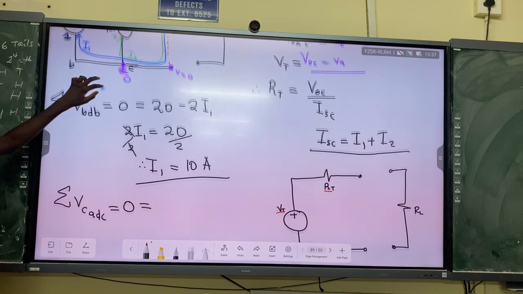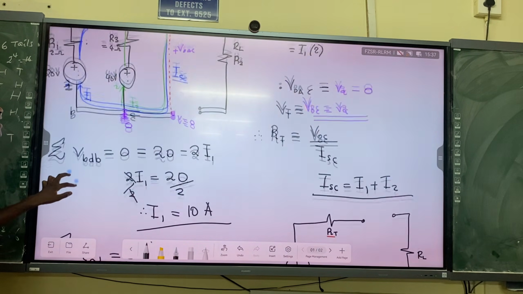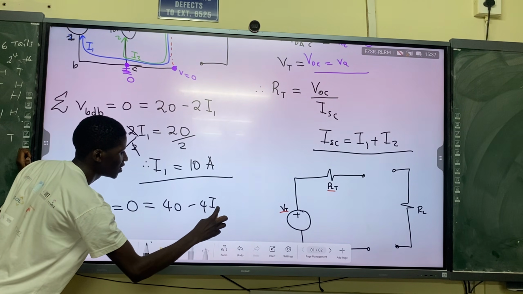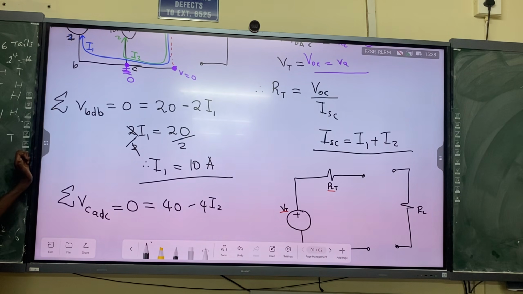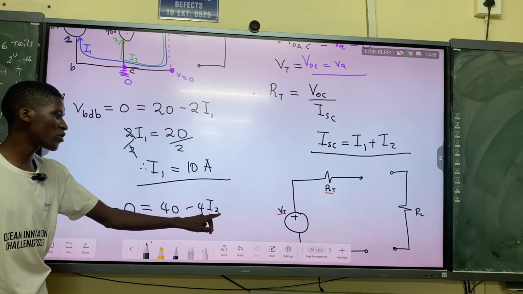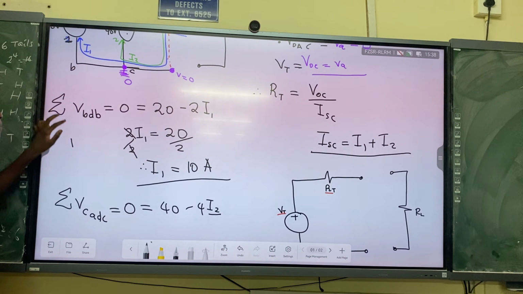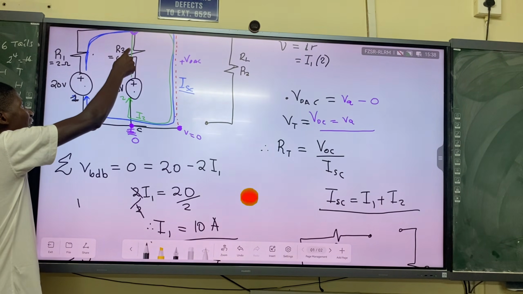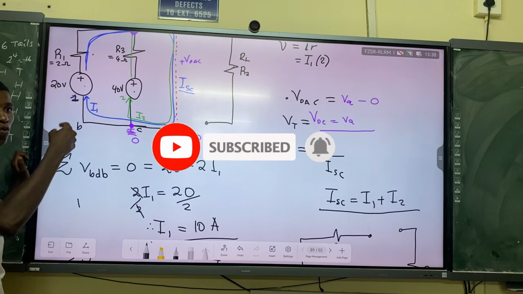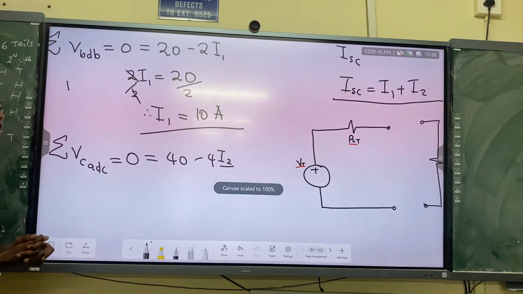So the voltage gain is going to be positive 40 volts, and the net voltage drop is minus 4 times I2. By Ohm's law, the current I2 through resistor R2, the current through R3, times the resistance of 4. But we put a minus sign, remember, because we are having a voltage loss.